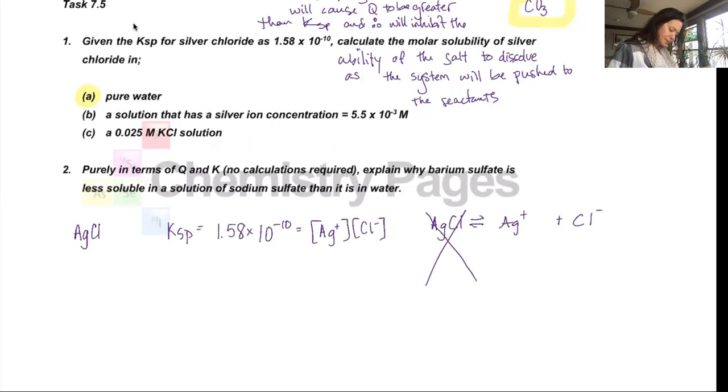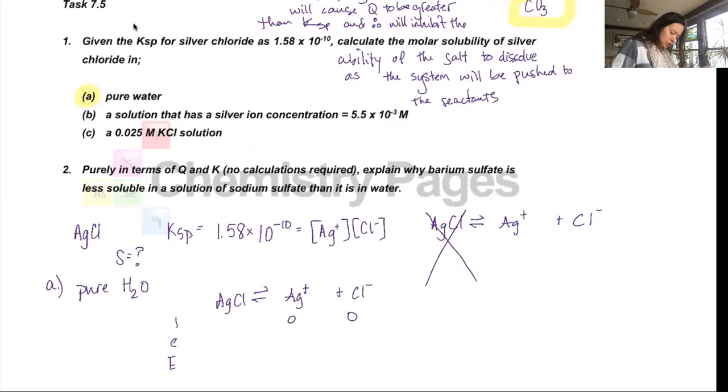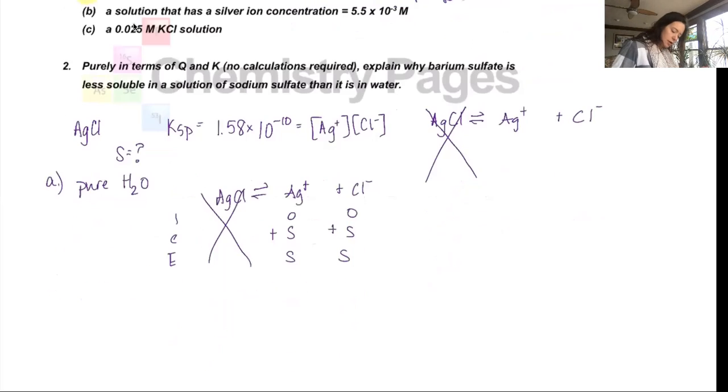All right, so for the letter A, we need to calculate molar solubility for each one. In letter A, we're in pure water. Well, what does that tell me? That tells me that I do not have a common ion. You can just put S, right?